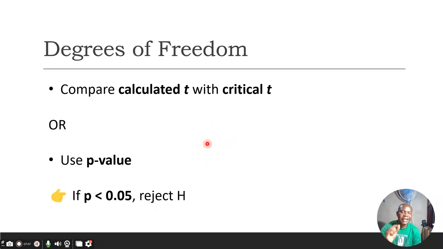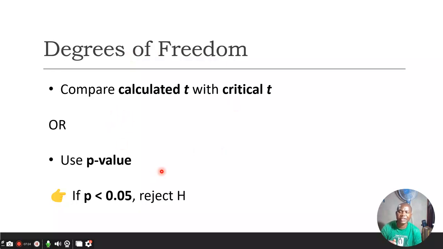But before then, there's another piece of information we need to get when we deal with a statistical test, more importantly the student t-test. That important information is to calculate the degree of freedom.